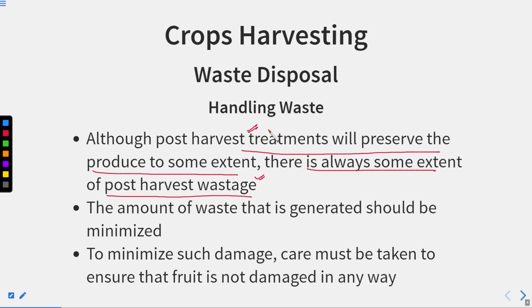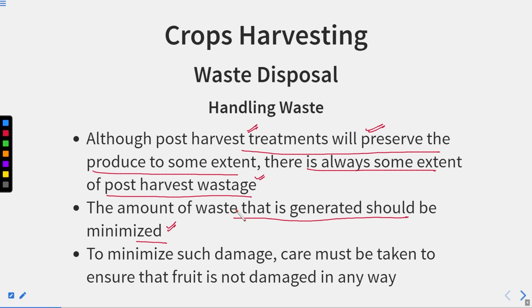There are many processes that can preserve the fruit, but still to some extent we see post harvest wastage, even because of our negligence, and the amount of waste generated should be minimized.